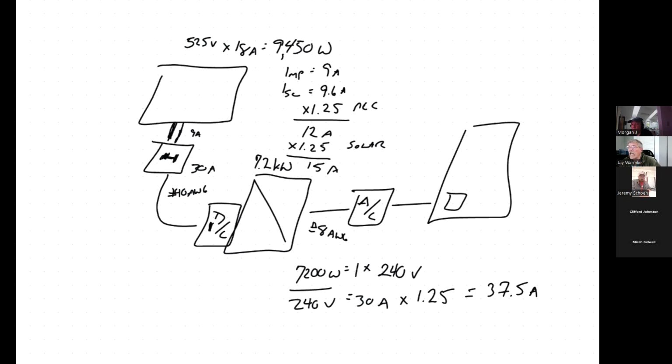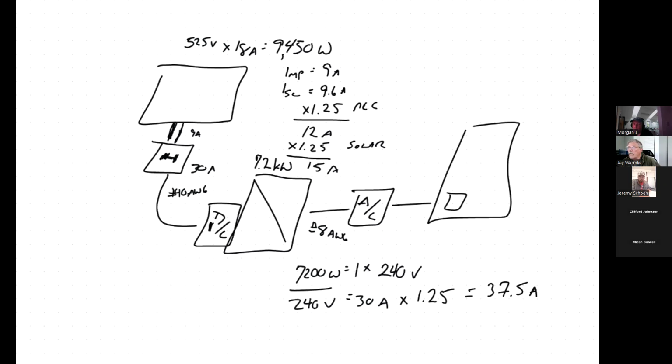Now, does anything change in the wire between the AC disconnect and the breaker? It'd have to be bigger, wouldn't it? Well, what does a disconnect do? Automatically shuts off the system. Well, no, not automatically. This is manually operated. Oh, okay, manually. So it's just a light switch, right?